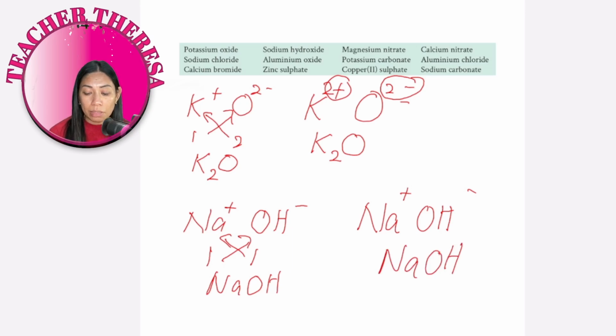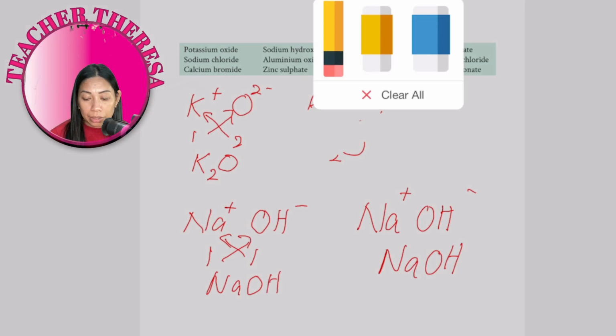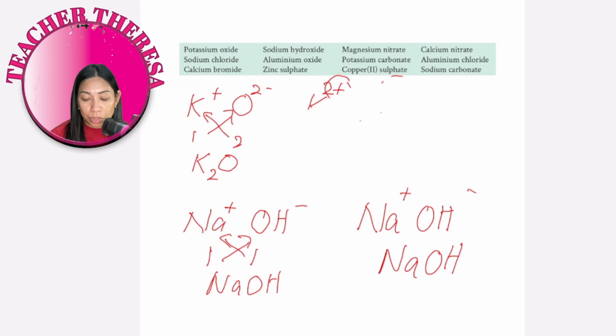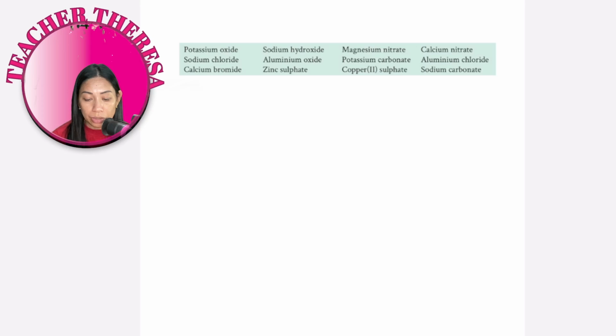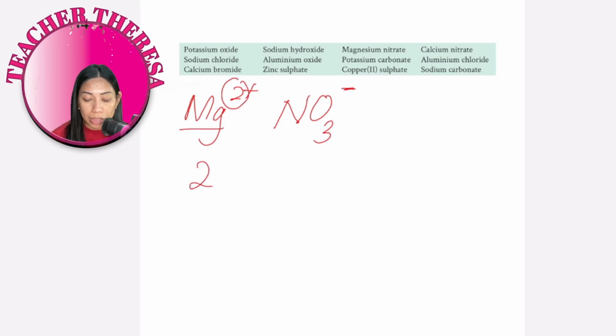Okay, let's try another one, magnesium nitrate. We're going to do both methods. Magnesium is Mg2 plus, nitrate is NO3 minus. If you want to do the cross method, magnesium, what's the value? 2, right? So you write 2. Nitrate, what's the value? 1.